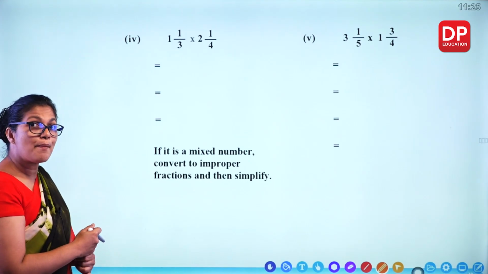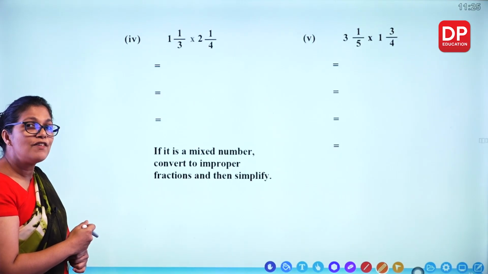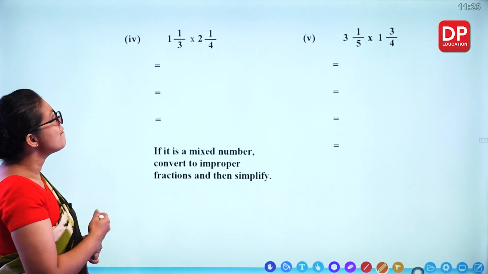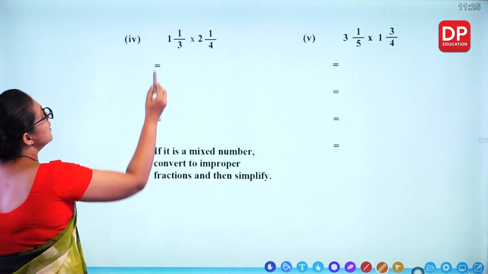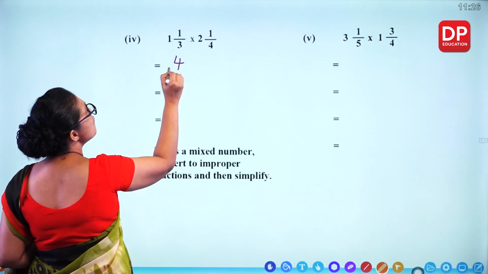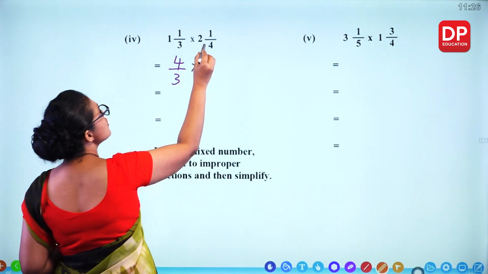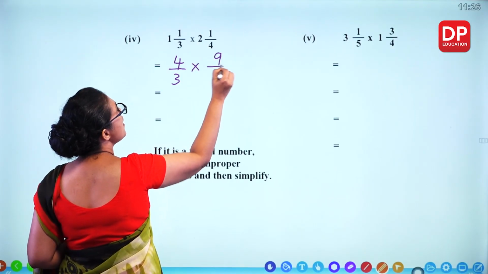Now you get mixed numbers. How you multiply mixed numbers? Convert to improper fractions. Convert to improper. 3 times 1, 3. 3 plus 1, 4. Here also convert to improper fractions. 4 times 2, 8. 8 plus 1, 9.